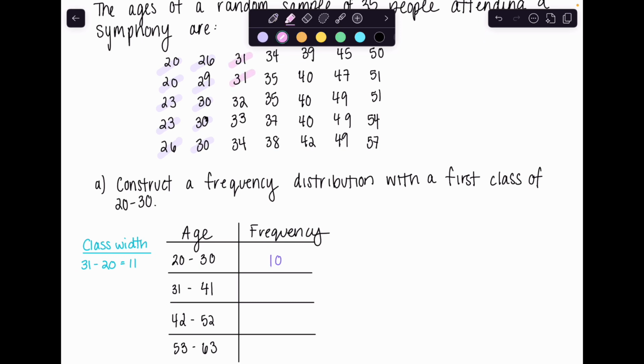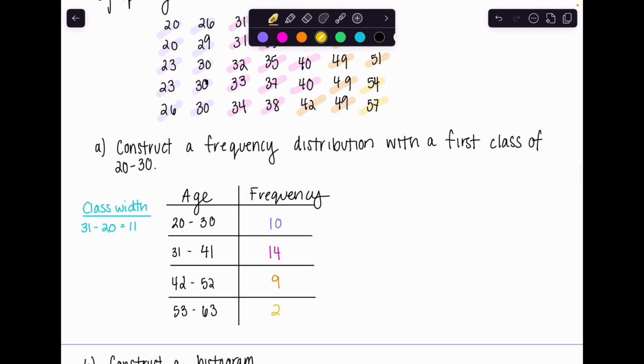That's 14 pieces of data. Then we've got 42 to 52. So that's 9 pieces of data. And then my last group is 53 to 63, and that is 2 pieces of data. So this is my frequency distribution.